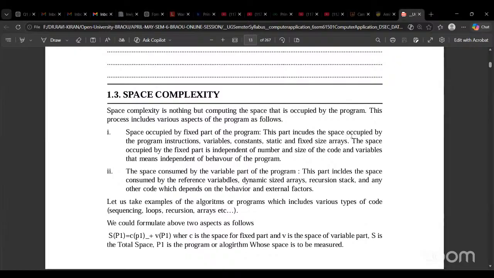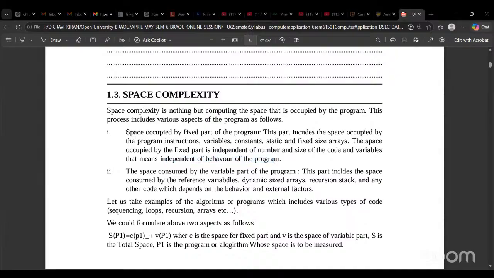That part includes the space occupied by the program instructions. Here we include variables, constants, static and fixed size arrays. The space occupied by the fixed part is independent of the number and size of the code and variables, that means independent of the behavior of the program.